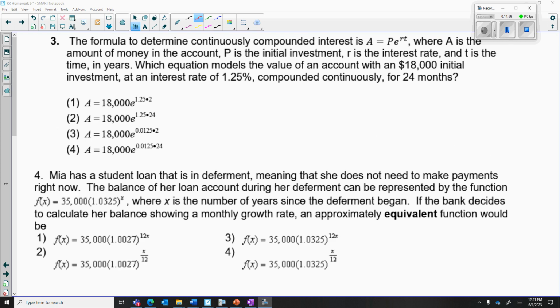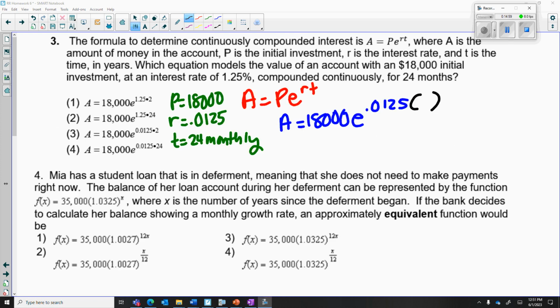You guys try this one, set it up and see what you get. So the main thing that I'm hoping you notice here is that the time it says is in years, but then they give you the time in months. They give you 24 months. So you don't plug in t equals 24. You have to make that into years. So that's actually going to be 2 years. So you're going to plug in a 2 for t.